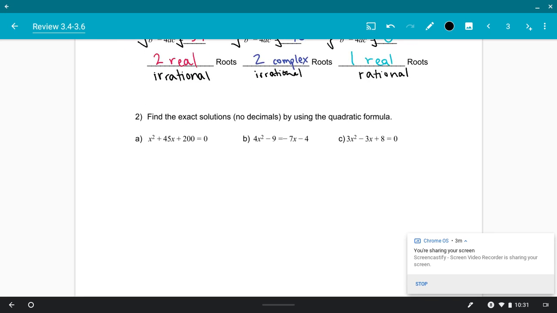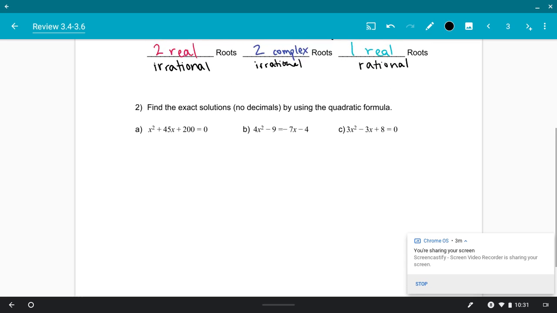All right, so now they want us to find the exact solutions by using the quadratic formula. So I'm just going to start by rewriting the quadratic formula up here. X is equal to negative b plus or minus the square root of b squared minus 4ac, and then that whole thing over 2a. So what we would do is we would go a, b, c.